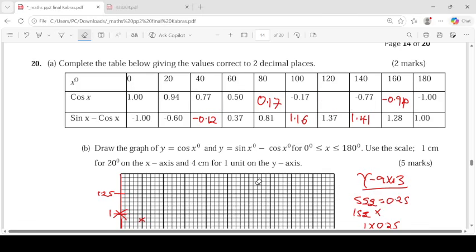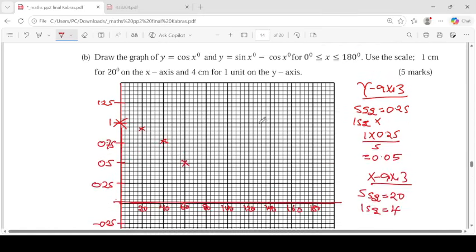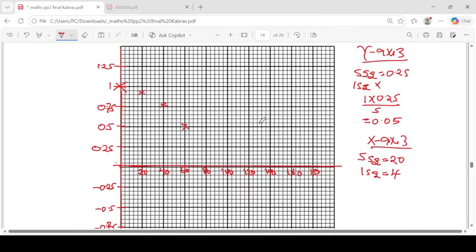This one here is at negative 0.5. Then cos 160, negative 0.94. That's correct. So at 80, I'm at 0.17. So I'll have 0.17 divided by 0.05. This is 3.4 small units. So 1, 2, 3.